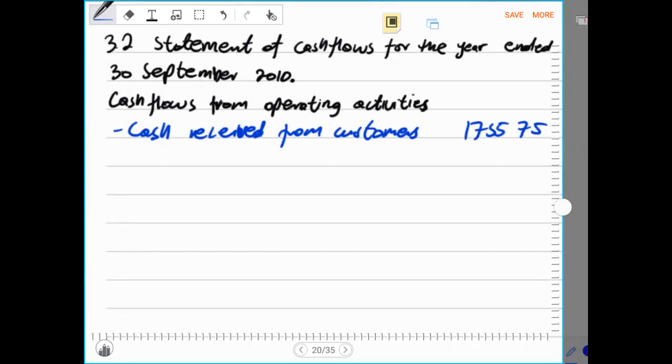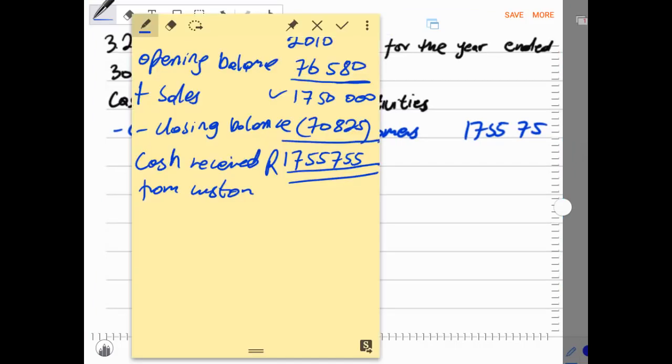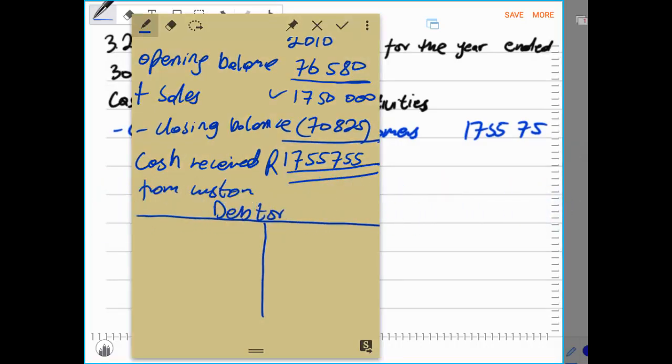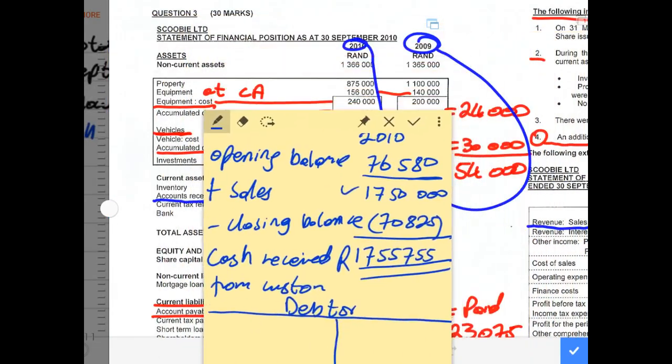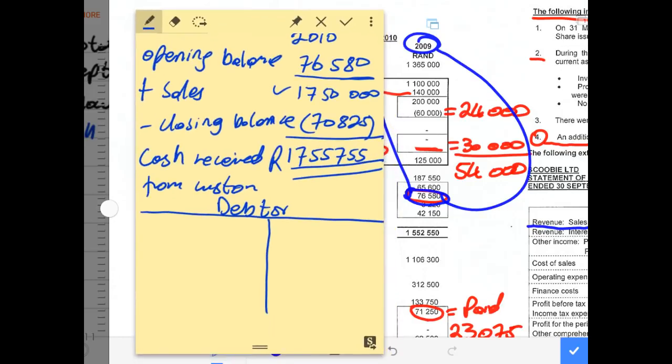Let me just repeat this from a ledger account perspective. Let us open a ledger account for debtors, please, because sometimes it can be required to do a ledger account for debtors. Our ledger account for debtors will have an opening balance and a closing balance.